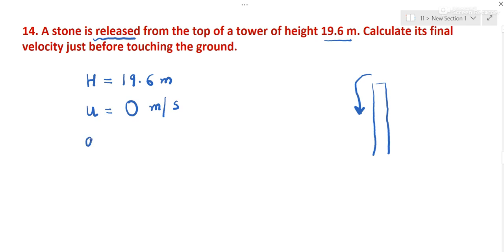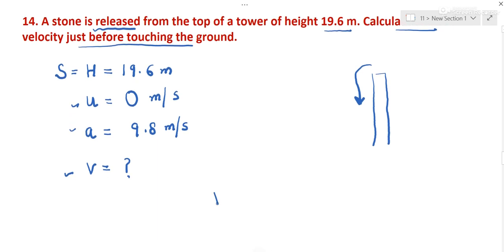Now because it is coming down, acceleration would be positive. If it is going up, acceleration would be negative. Right now it is coming down. We'll have to find out the final velocity before hitting the ground. Simple. Height is displacement. Just see which equation connects U, V, A, S. So third equation.